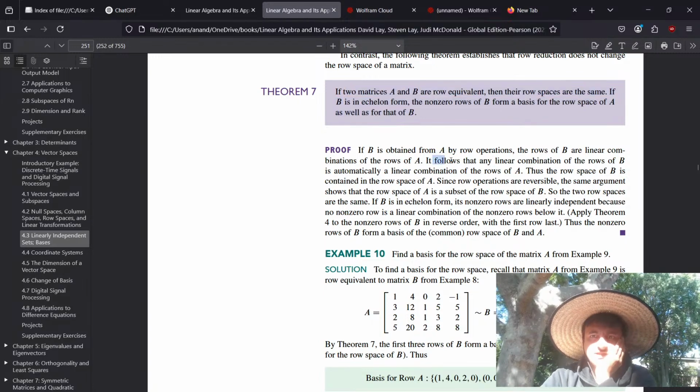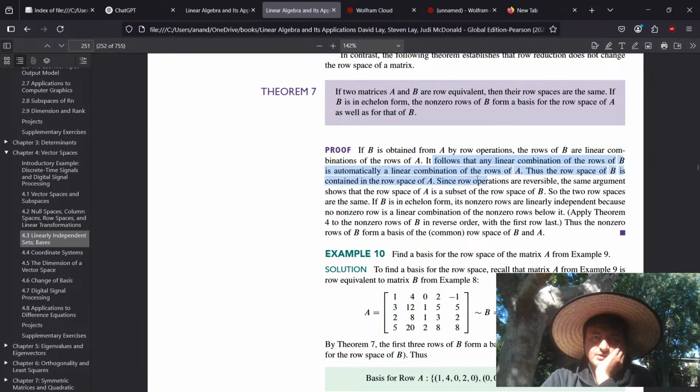It follows that any linear combination of the rows of B is automatically a linear combination of the rows of A. Thus, the row space of B is contained in the row space of A. Since row operations are reversible, the same argument shows that the row space of A is a subset of the row space of B. So the two row spaces are the same.